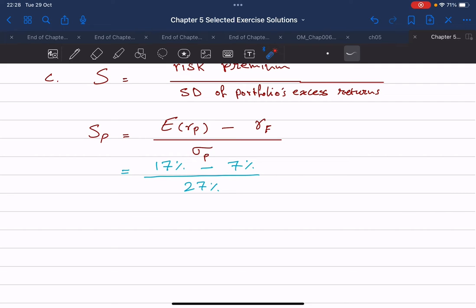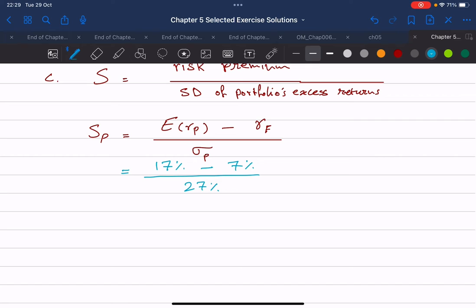As long as the numerator and the denominator have the same format, you're fine, because it's a ratio at the end of the day, so you're going to get your answer. But the problem is that sometimes students would use percentages, for example, at the bottom here and decimals at the top, or the opposite. All right, so you're going to need to be careful with that.